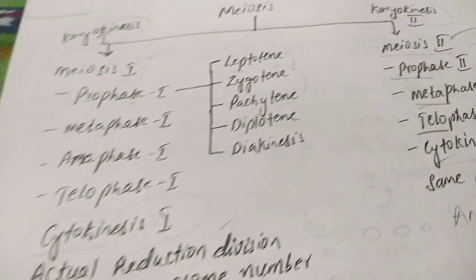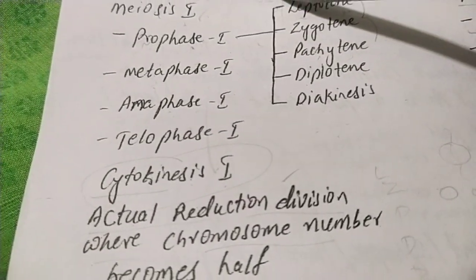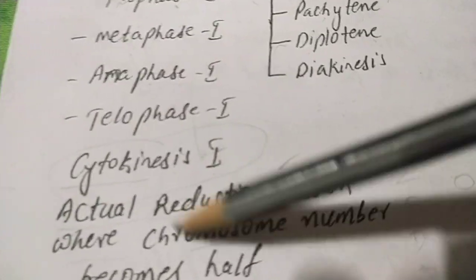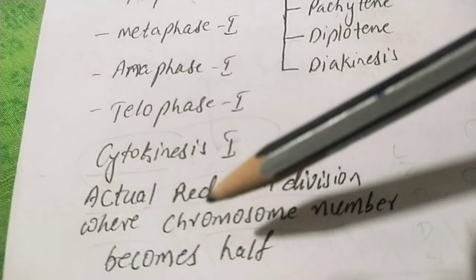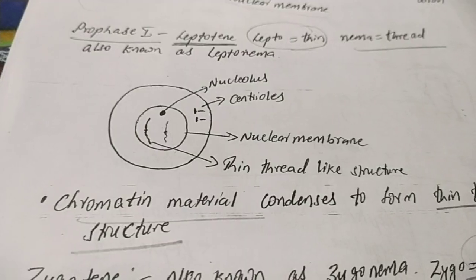Cytokinesis 1 is the actual reduction division, where the chromosome number becomes half.